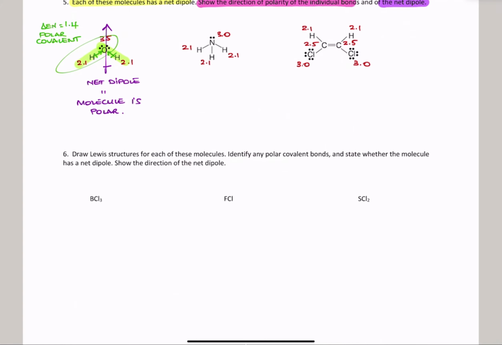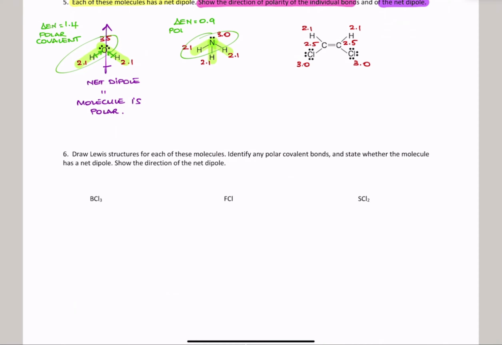Second molecule, we're going to do the same thing. We have here three identical NH bonds. We're going to take a look at one. The delta EN being 3.0 minus 2.1, 0.9.